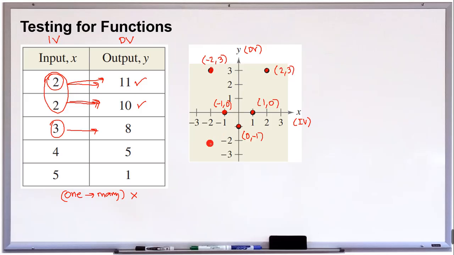In order for us to know whether this one is a function or not, we are going to combine all the coordinates. So we have -2, 3, then -1, 0, 0, -1, then we have 1, 0, and lastly we have 2, 3.